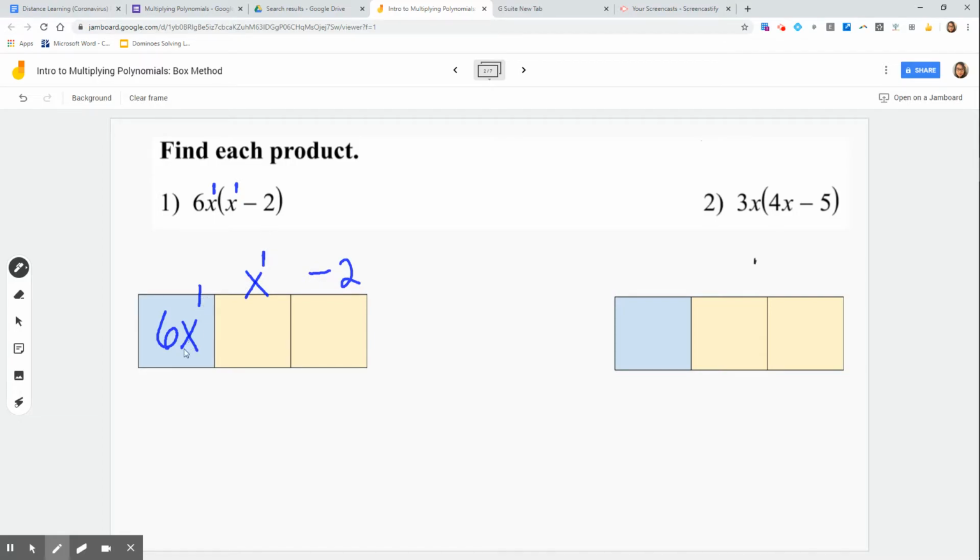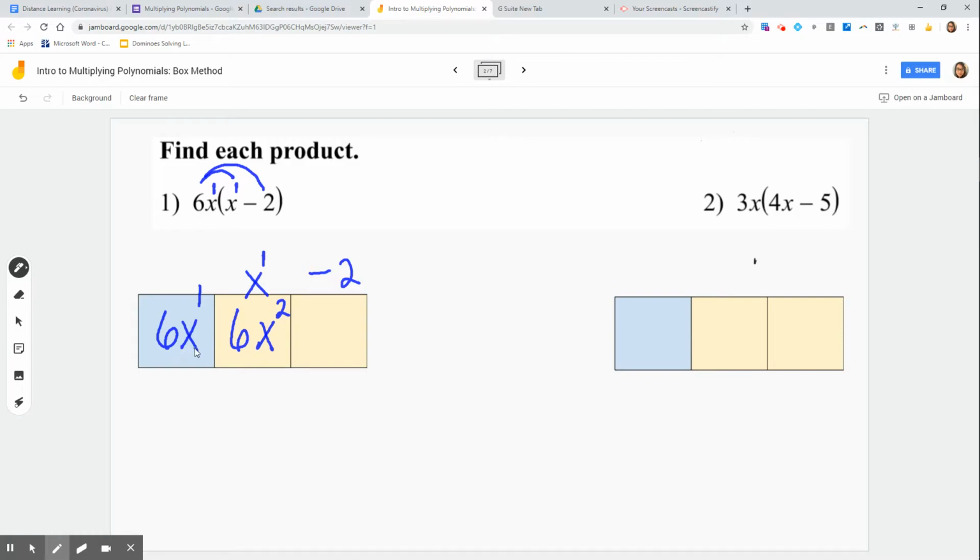So now I'm going to multiply. So it's 6x times x, which is that distributive property idea again, which you can do that way, but I just want to give you a different option. So add the exponents together on the same base x, which gives you power 2, and you're multiplying 6 times 1, which is 6.